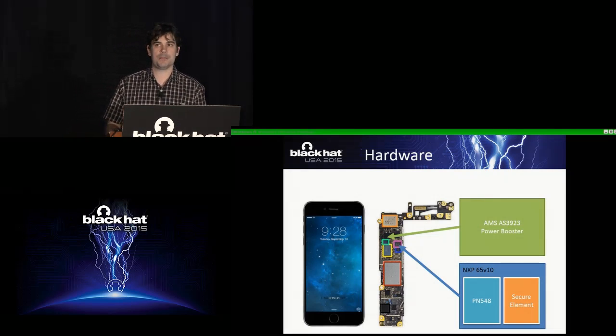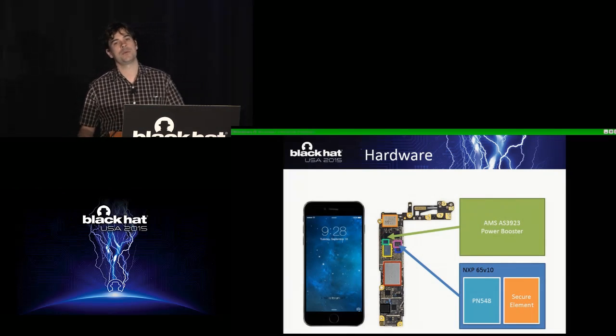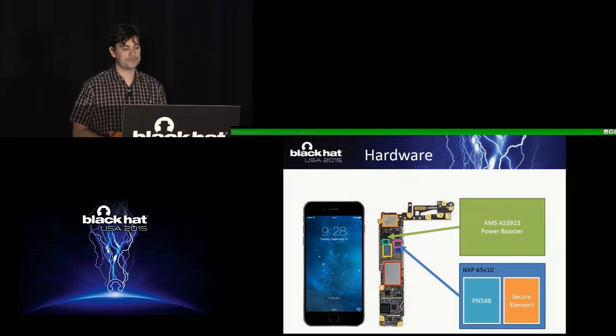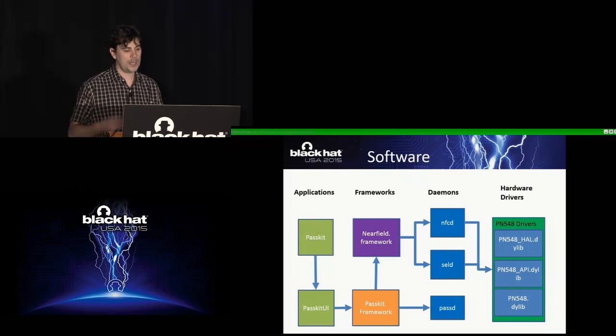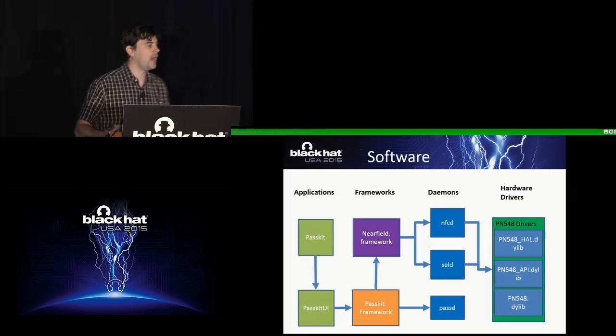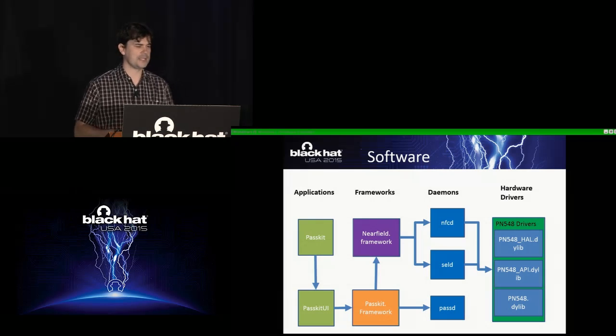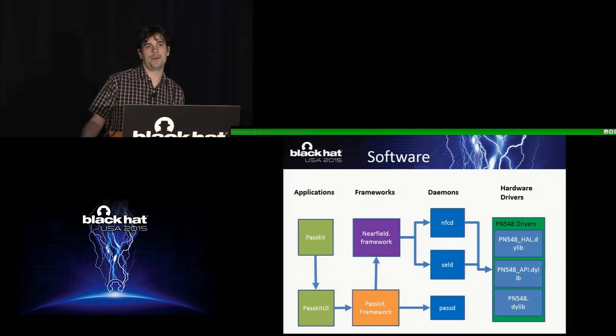So the secure element chip holds all your sensitive data. This is where you're putting all your cryptographic keys and information that is read by the contactless processor and sent to the terminal. And these are all controlled through the software on the device. So in the case of Apple Pay, you're going through PassKit to the frameworks, to the daemons, to the hardware drivers, which interact over, I think it's an I2C bus, to the chip on the device.